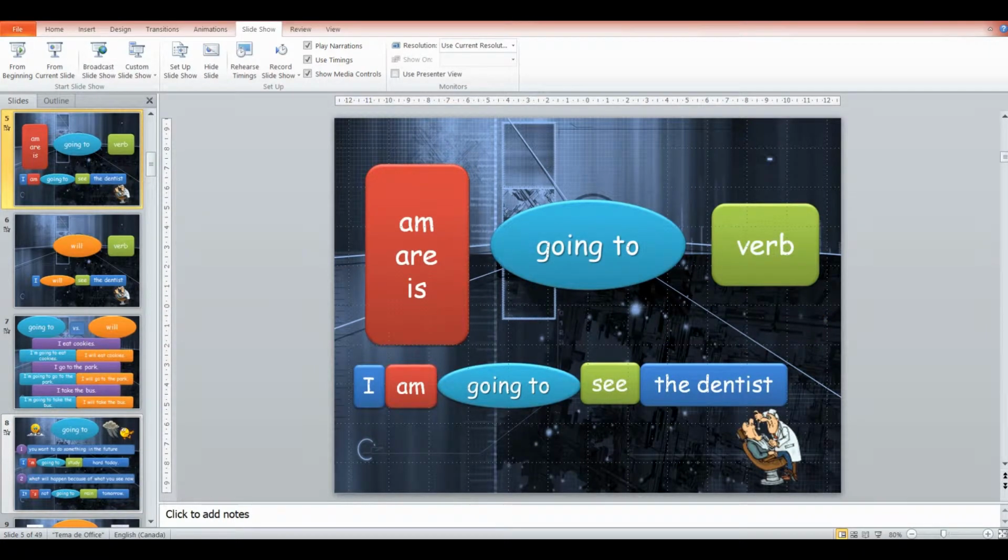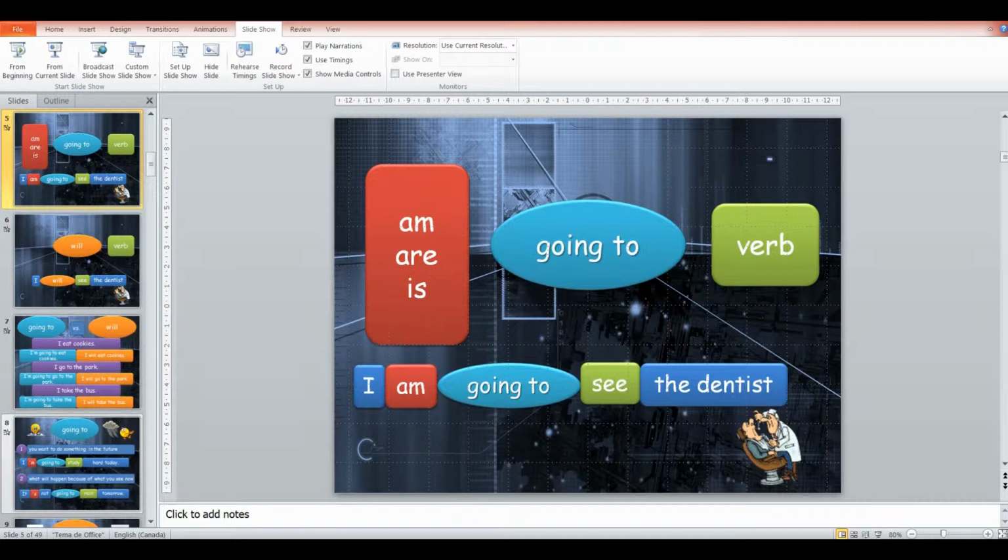So first off, we talk about the structure. We have things kind of color coded so they can see how it's placed within a sentence. So we've got the red for changing the verb be, going to has always been the same for the future, and green for being a verb.